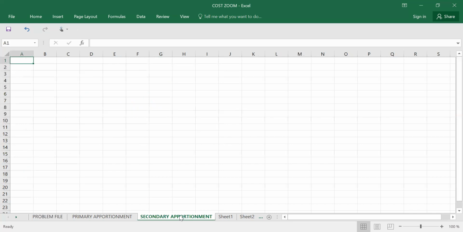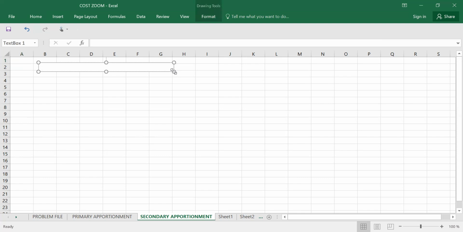So I'll come here because we said that we are going to start with our direct method. Let's call it direct method. Of course, I'll start with my primary apportionment.